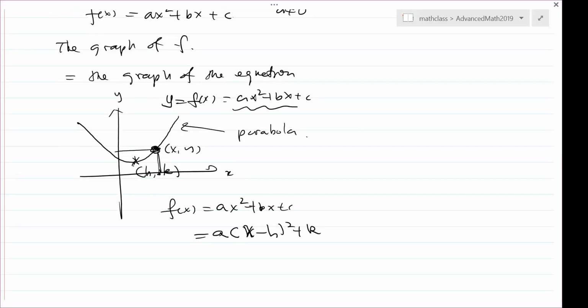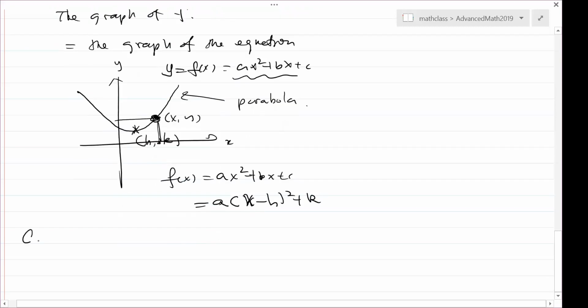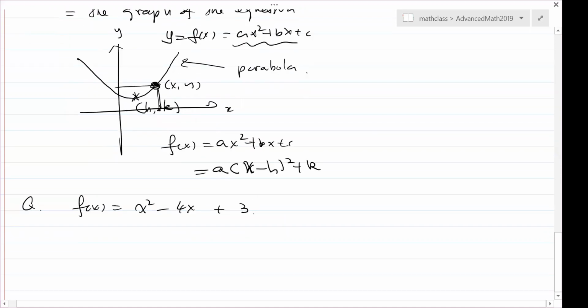Okay, so let's look at a specific function to see if we are able to figure this out. Here's a function: x squared minus 4x plus 3.